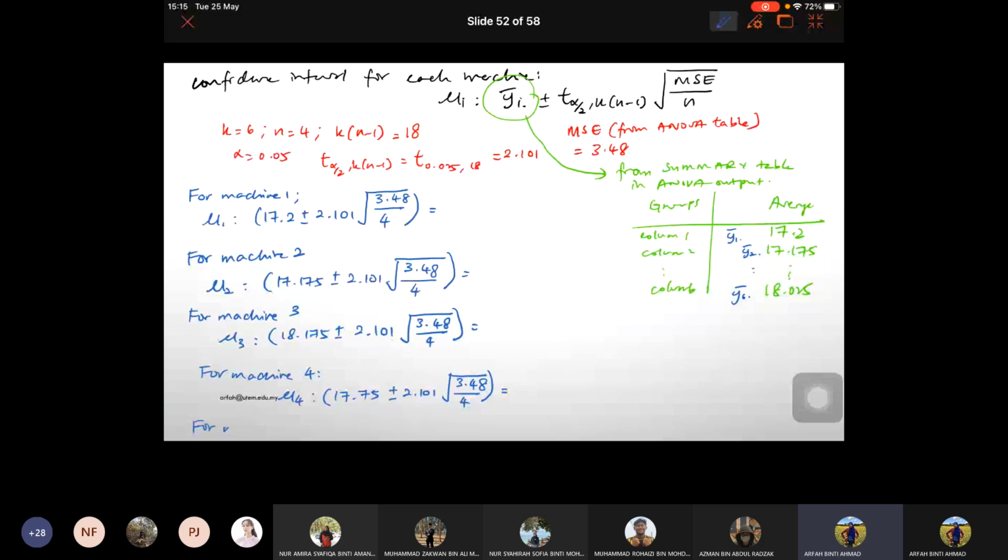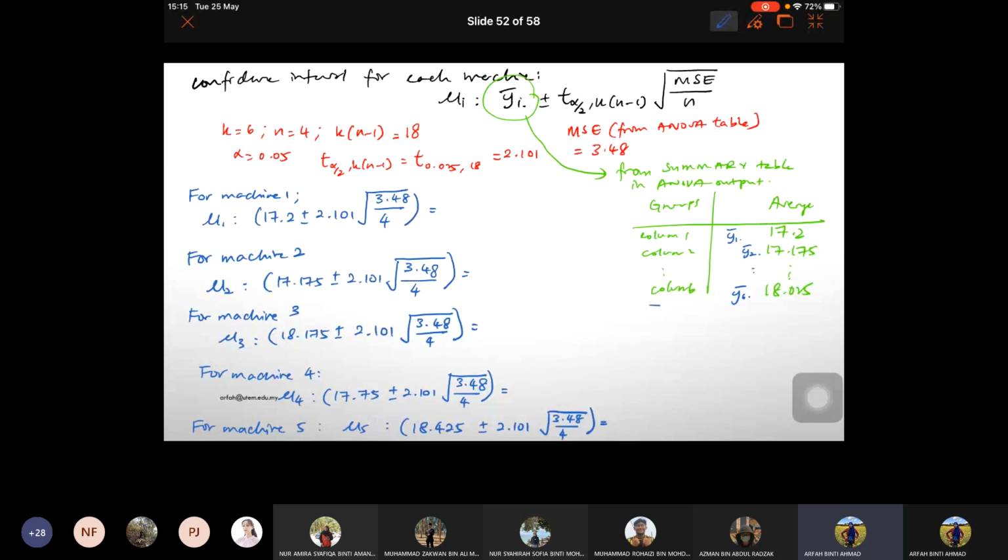For machine 5, mu yang kelima berada antara berapa? 18.425 plus minus 2.101 square root 3.48 dibahagikan dengan 4.